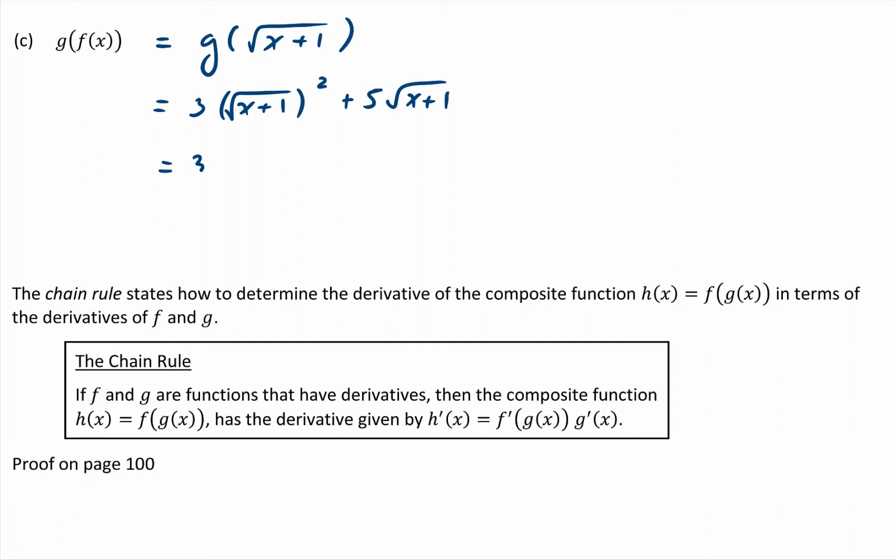If we simplify, we end up with 3 times x plus 1 plus 5 times the root of x plus 1. And when we determine composite functions, we should always state a domain. So in this example, x must be greater than or equal to -1.